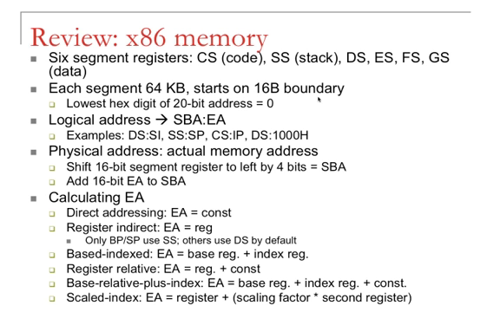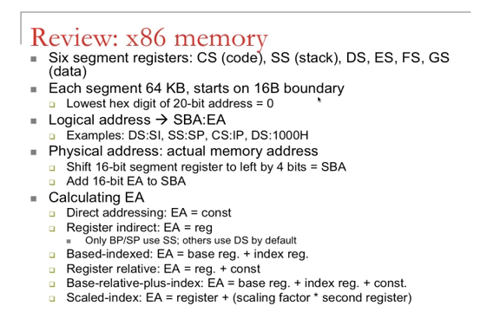The way we translate a logical address is to shift the segment register to the left by 4 binary bits, and then add the 16-bit effective address to the shifted result. That will give you a 20-bit address, and that's the physical address. Sometimes we call it a linear address, and in real mode, the linear address is the physical address.